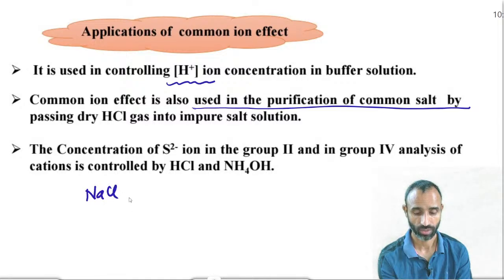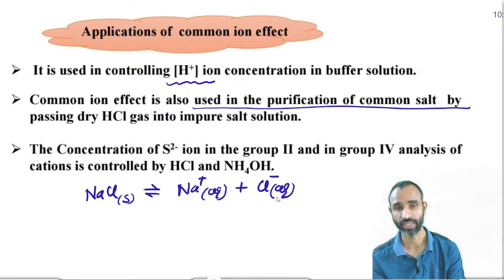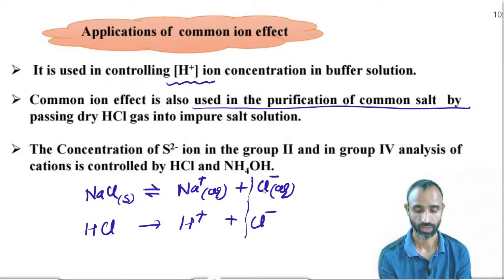See, in common salt, NaCl solid, we prepare a saturated solution. So when we prepare a saturated solution of NaCl and we pass HCl through it, see, this is a common ion.